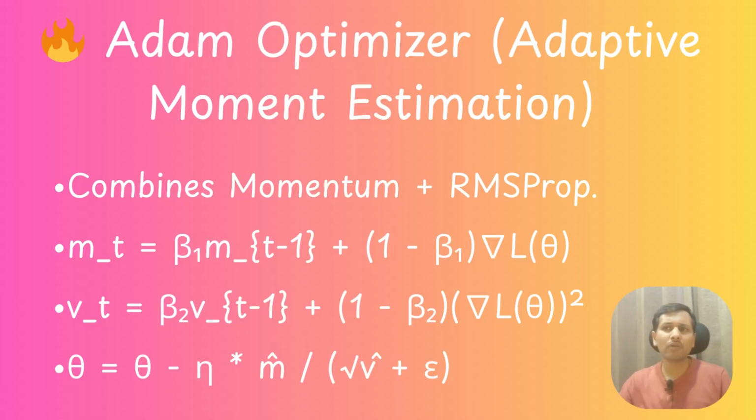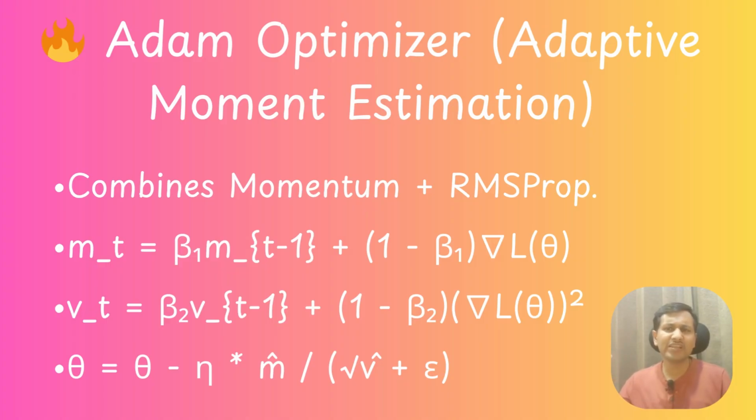Now let us talk about the Adam optimizer, also called adaptive moment estimation. It is a combination of momentum plus RMSprop. Here we introduce a new term, Mt, which represents momentum. Mt is equal to beta 1 times the momentum from past gradients, plus 1 minus beta 1 times delta L of theta, the gradient.